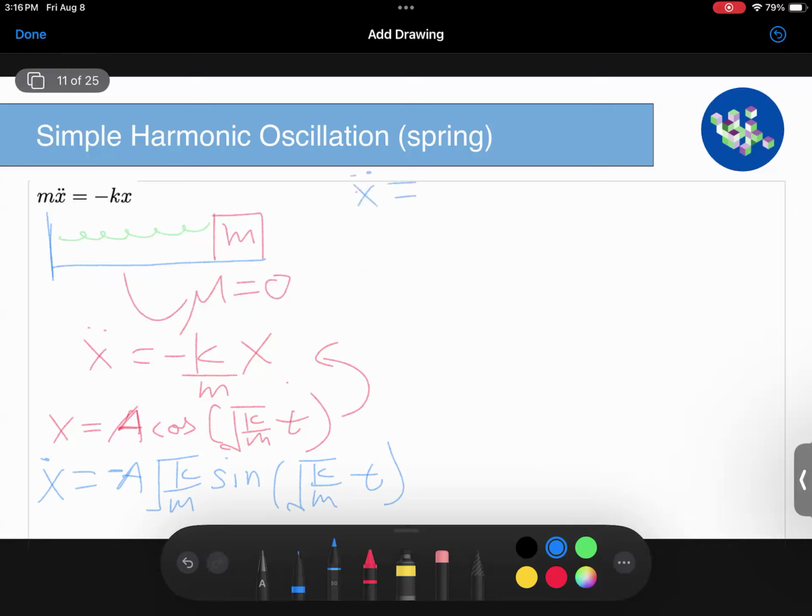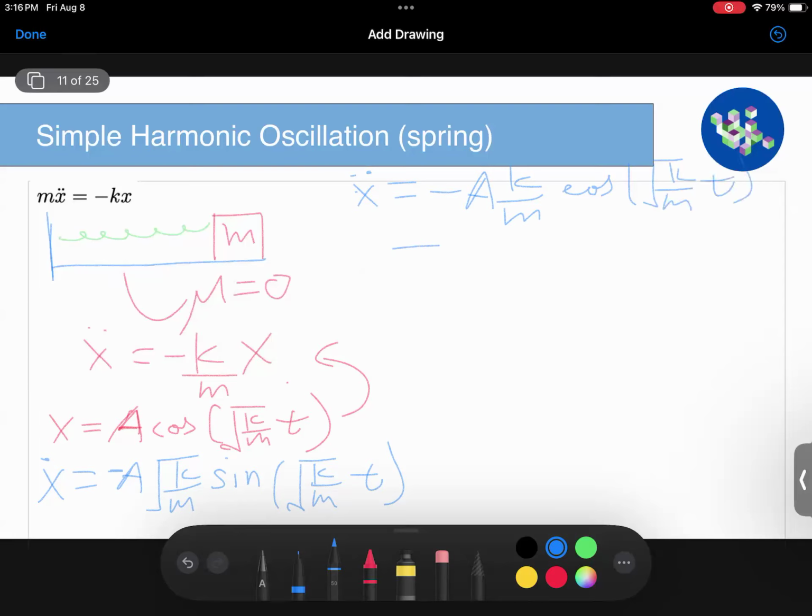And then if I do the second derivative, x double dot, I'm taking the derivative of this again. Then I'll get negative A again, except because I have a square root k over m inside, it'll be negative A times k over m times cosine of square root k over m t.